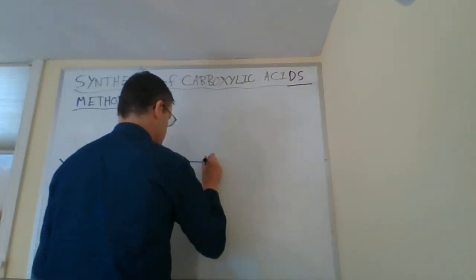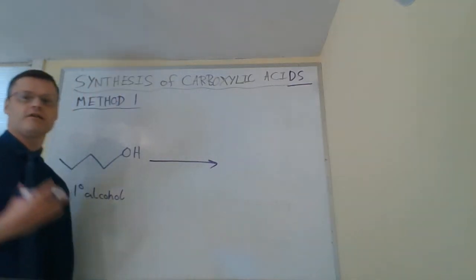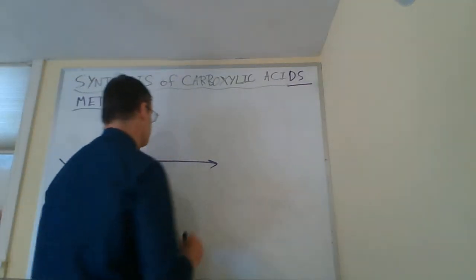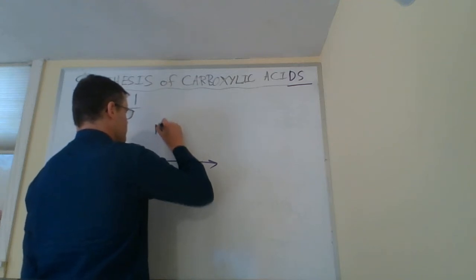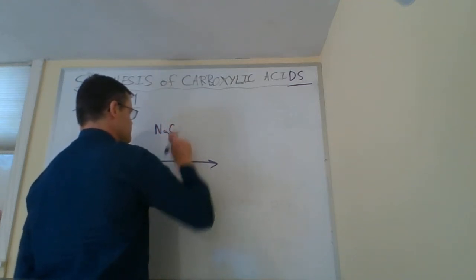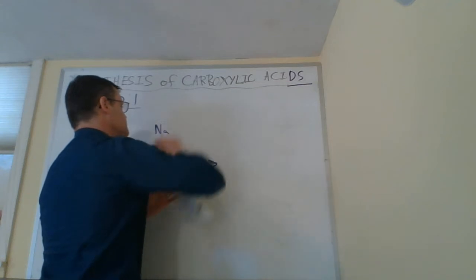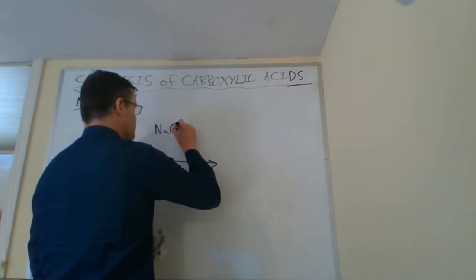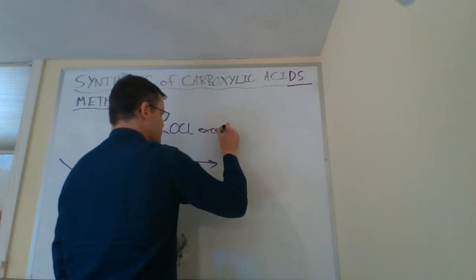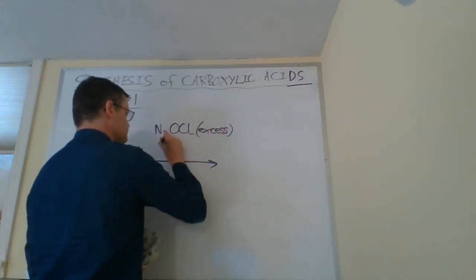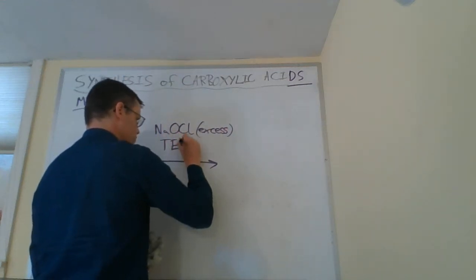And there's two methods that we've learned how to do that. There's lots of oxidants out there, but the one I've emphasized this semester is using sodium hypochlorite, which is bleach. We're going to use excess of that with TEMPO.